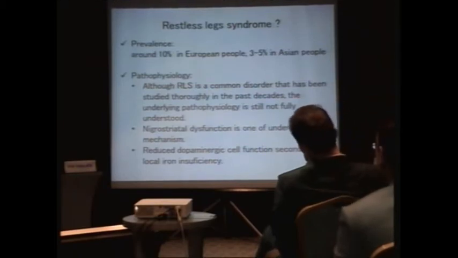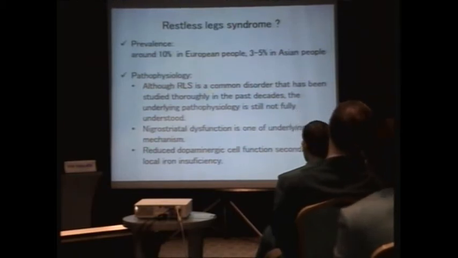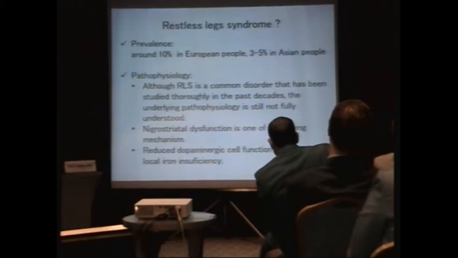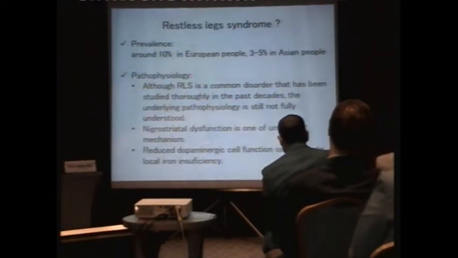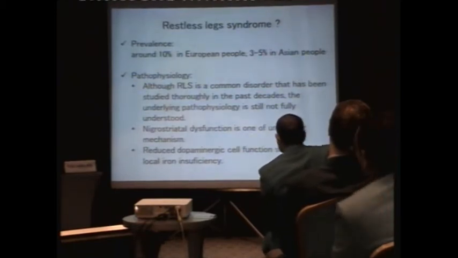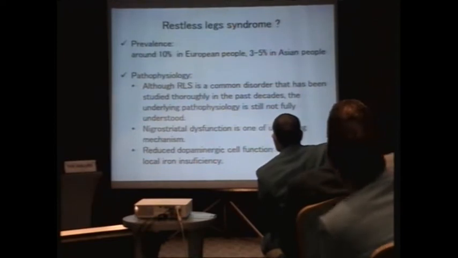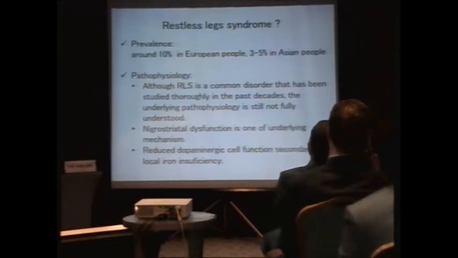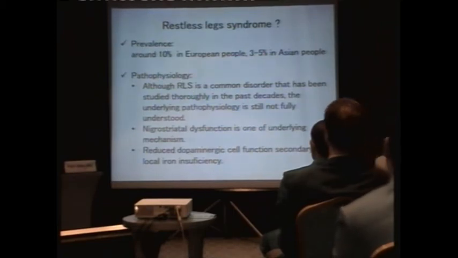But although this is a common disorder, we cannot completely understand the pathophysiology. But 2 major mechanisms are considered. One of them is neuromuscular dysfunction, and the other is iron insufficiency.